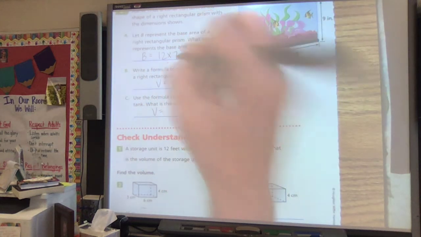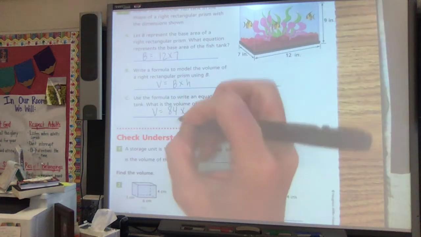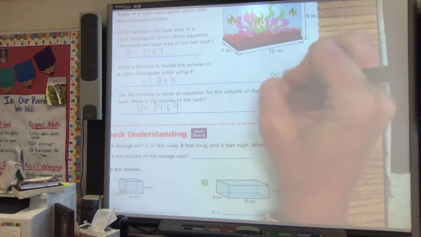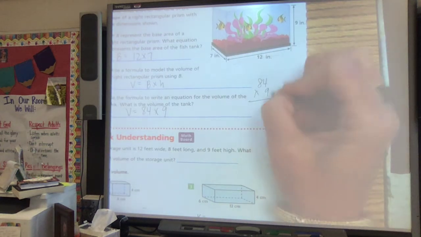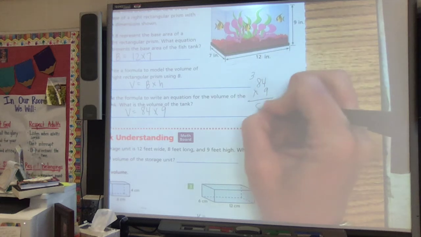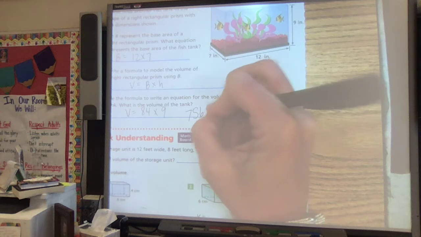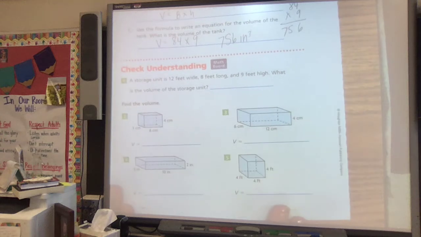We know 12 times 7 is 84. And the height is 9. So over here, we'll work out 84 times 9. We know 9 times 4 is 36. 9 times 8, 72, 73, 74, 75. So 756 cubic inches.